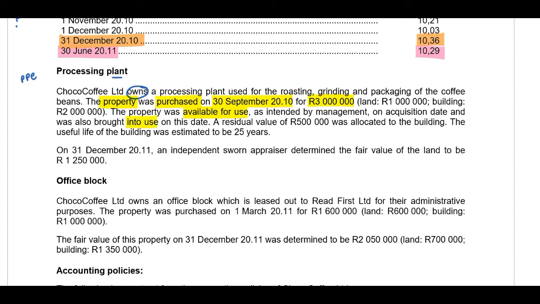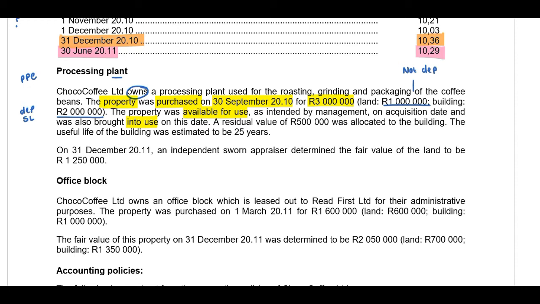Right, now when we look at the first sentence, immediately we need to identify that land will not be depreciated. But building, we need to identify that this will be depreciated normally based on our straight line method.